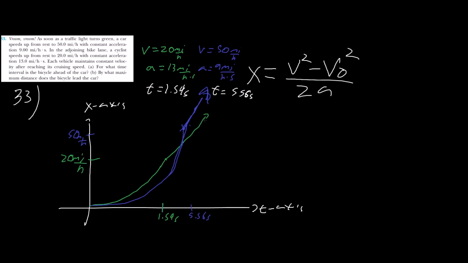So I would suspect that this would intersect in the parabola and then the green one, but I'm not certain on that. But it looks something like that. For what time interval is the bicycle ahead of the car?